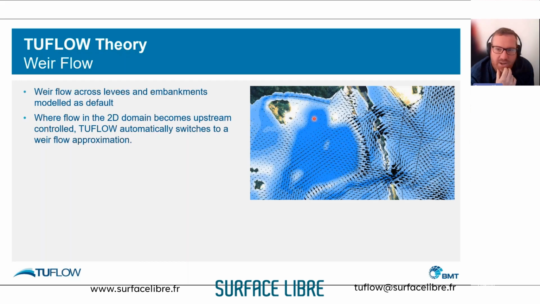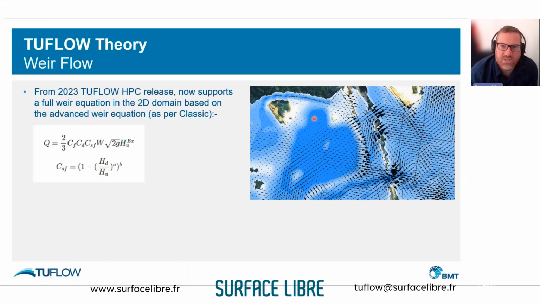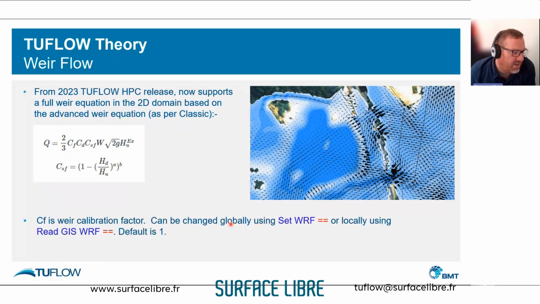It's also been in place in TUFLOW HPC, although until the 2023 release, it was based on a broad-crested weir approach, whereas TUFLOW Classic was based on TUFLOW's advanced weir approach. From the 2023 release of TUFLOW, HPC now supports that full advanced weir equation within the 2D domain, just the same as TUFLOW Classic does. So we can set that up automatically.